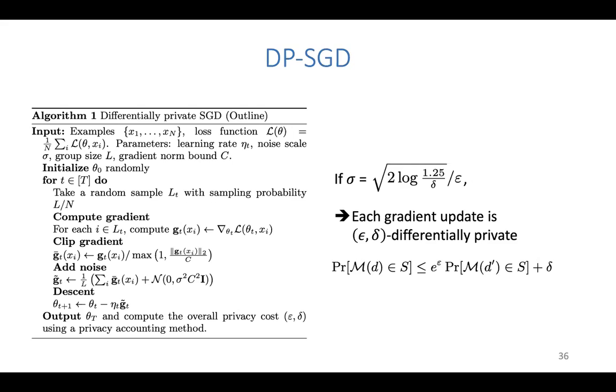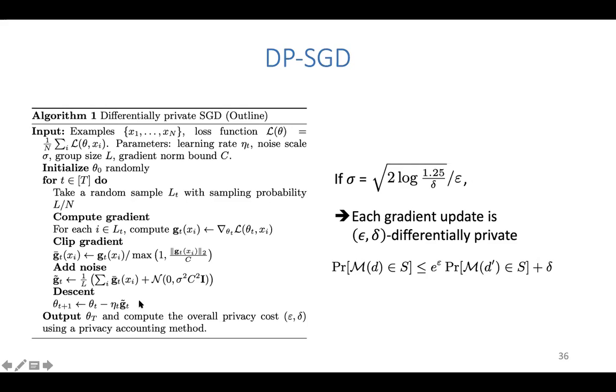It's just like an accident. Without delta, your privacy is bounded by e to the epsilon, but with delta, there's an additional source of privacy leak, which could be accidental. For example, if delta is 0.01, then there's like a 1% chance your data is leaked, your privacy is compromised. It's not exactly that, but it is somewhere along the line. So delta is like the probability of accidental privacy leak.